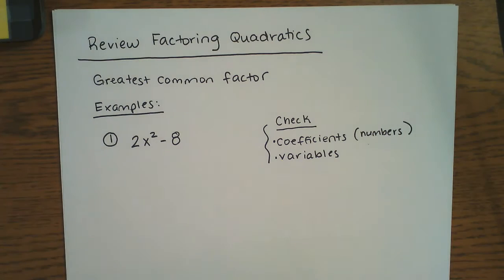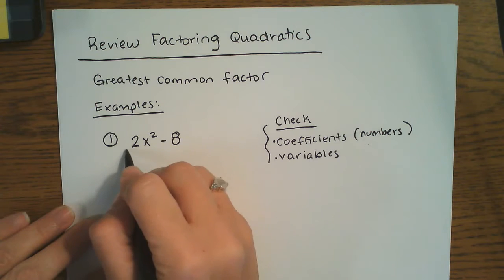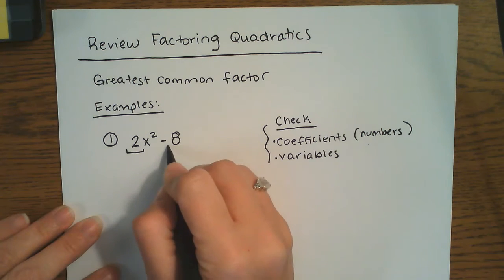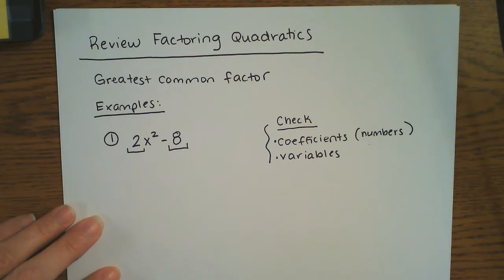So 2 and 8. What can 2 and 8 be divided by?